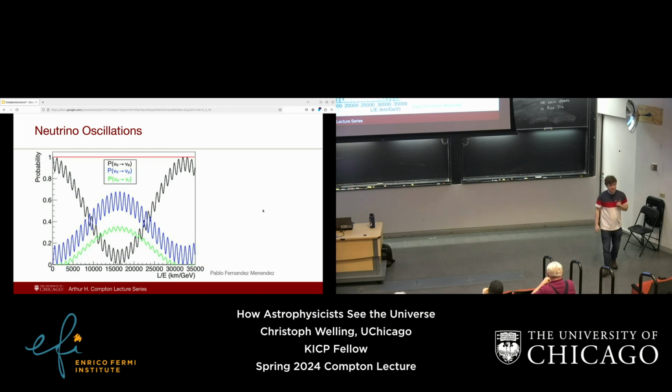If this neutrino exists, then in addition to these oscillations, there should be a fourth one where, for example, your electron neutrino oscillates into this fourth state.